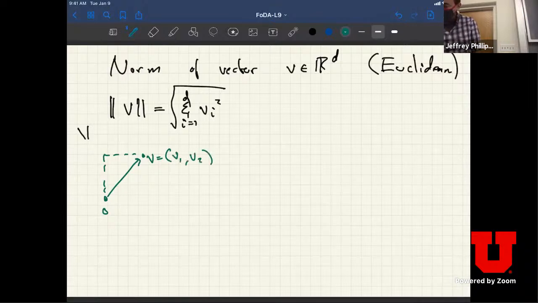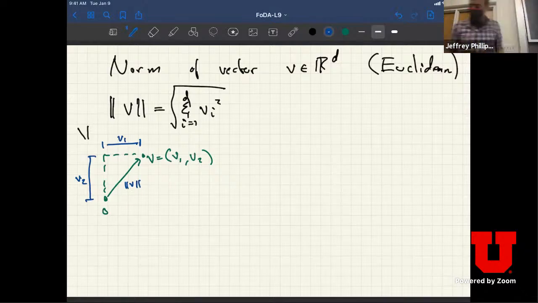So this is v1, this is v2, the v2 coordinate. This is the origin. The v1 coordinate is this length, the v2 coordinate is this length, and I want to get the length of this vector here. This length here is the hypotenuse.